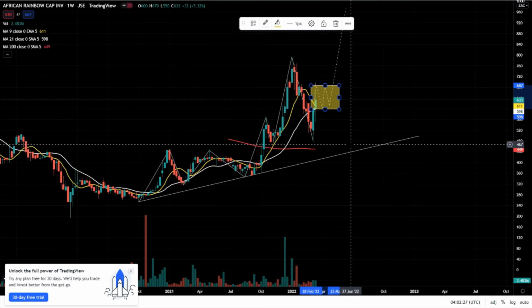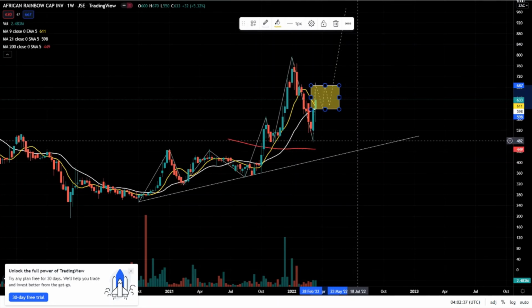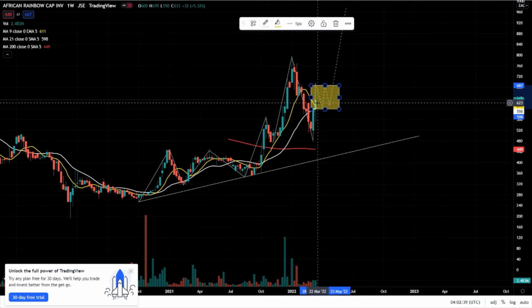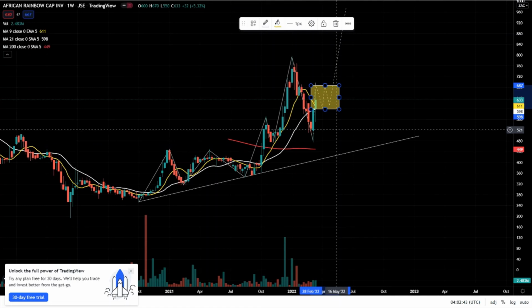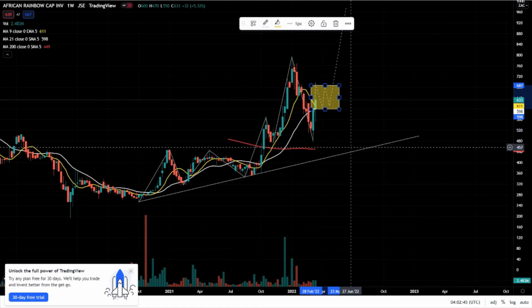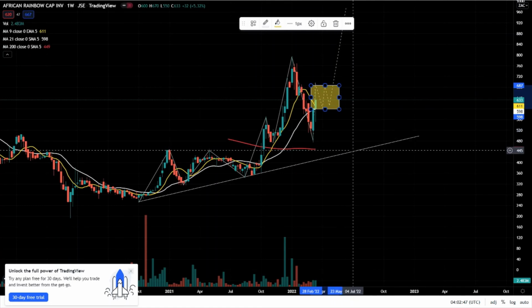If price has to rebound and close above here, that would be, I think, a good idea to buy a large amount. Let's say invest another 1,000 rand over here, because you've got your 1,000 rand here, you bought, let's say, 10 rand or 20 rand or 50 rand in increments as it goes down, and so you're now increasing your share volume that you own at lower and lower prices that you've paid.